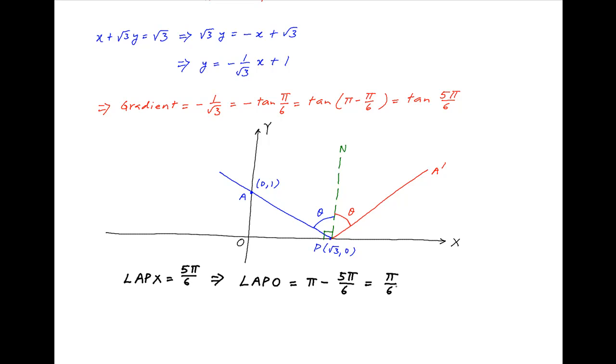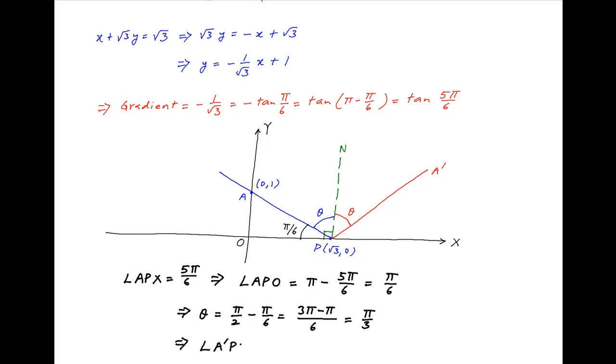Now angle APO plus angle APN, which is theta, is equal to pi upon 2. Therefore, angle APN, which is theta, is equal to pi upon 2 minus pi upon 6, which is equal to pi upon 3. Therefore, the angle of incidence and the angle of reflection, theta, are equal to pi upon 3.